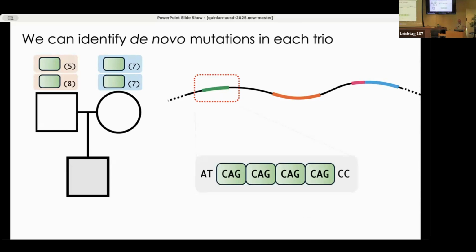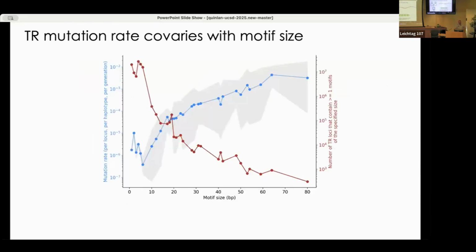Mom is homozygous for 7 and 7. And then we can use transmission genetics to basically figure out the haplotype that in this case, expansion occurred on. And do this for every single repeat locus in the genome and start to learn what are the cis factors in a haplotype that modulate the rate of mutation or the type of mutation at these loci.